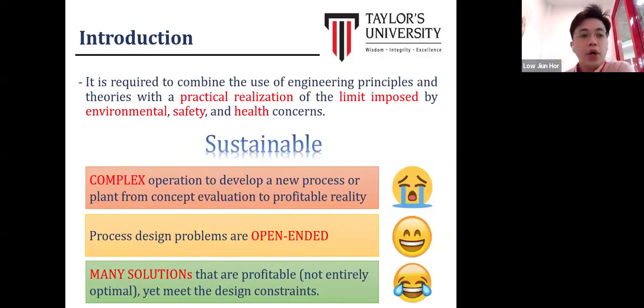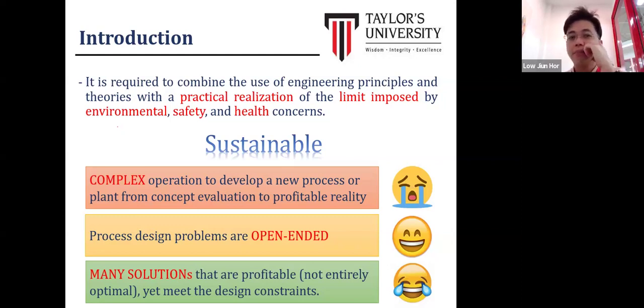So as I told you just now, as a chemical engineer, of course, we have to know how to apply our knowledge in order to design the chemical plant. But when we design the chemical plant, we are not going to only apply the knowledge that we learned in the chemical engineering core module, but also there are a lot of different external factors we need to consider in our design.